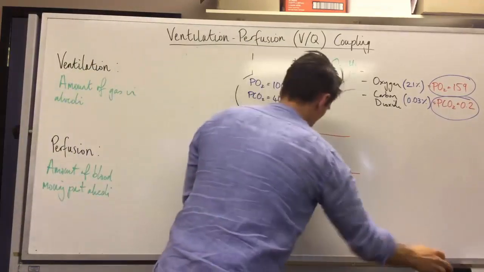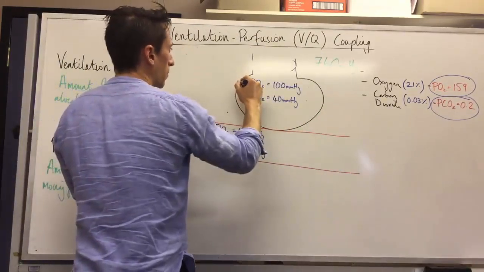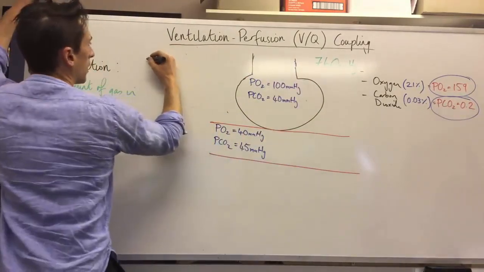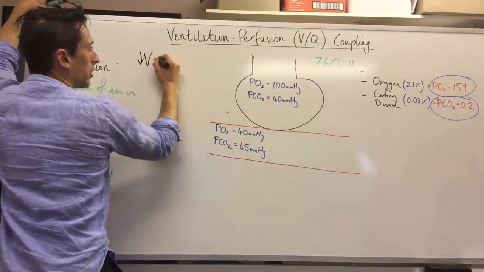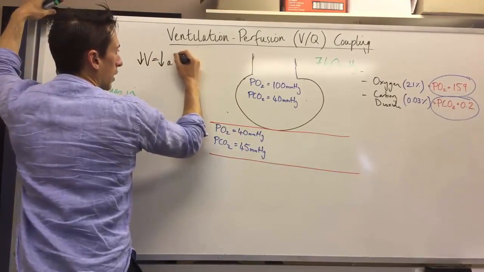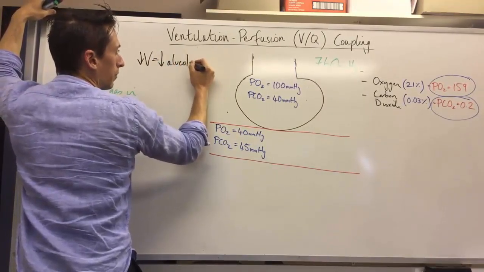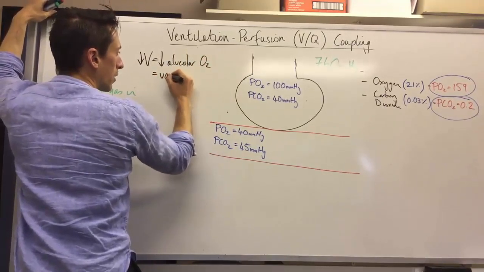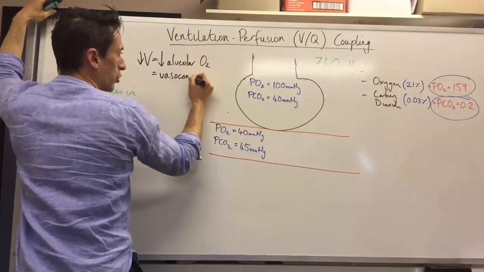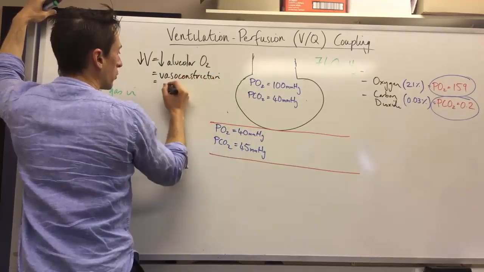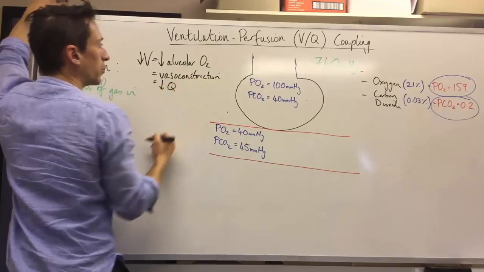So let's make the statement that a drop in ventilation equals a drop in alveolar oxygen, which equals vasoconstriction, which equals a drop in perfusion.